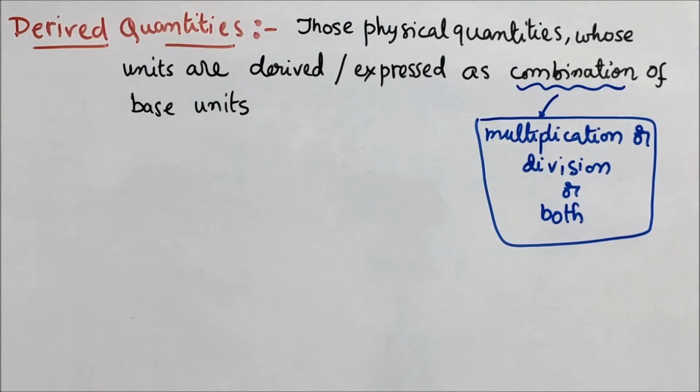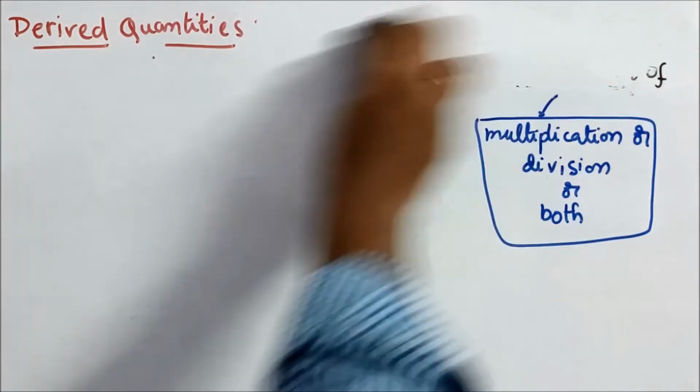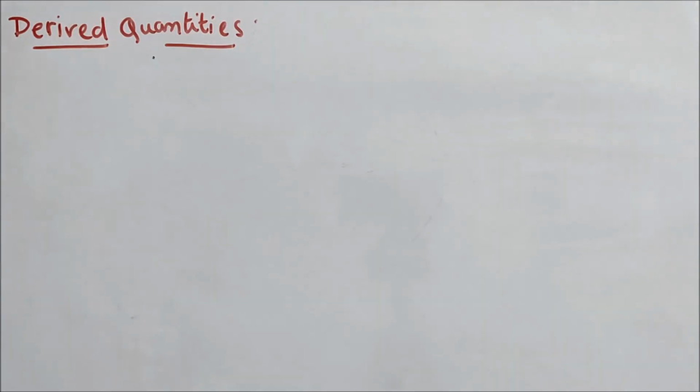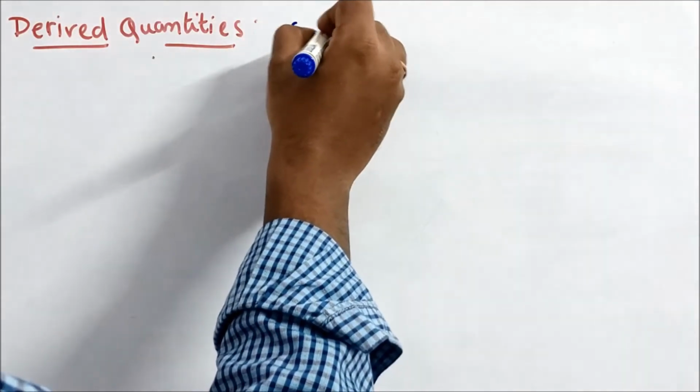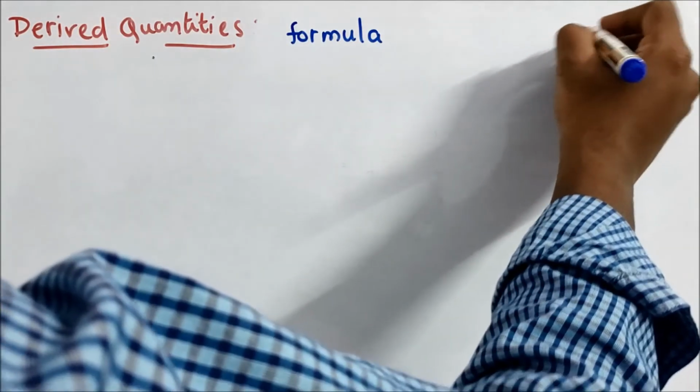Let us take a few examples to understand derived quantities, and along with them, let's understand their units. I'll try to write it in a tabular form. On one side we'll have derived quantities, and on the other side its formula and SI unit.